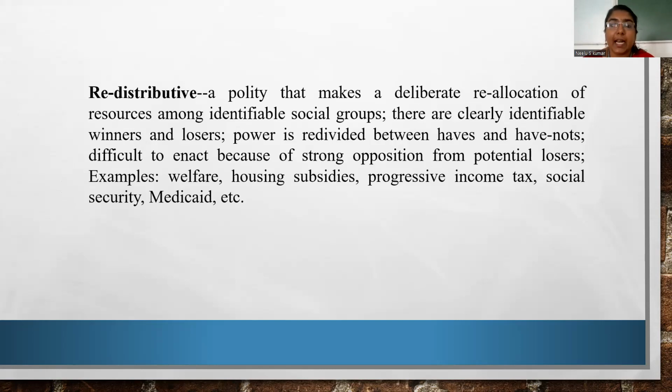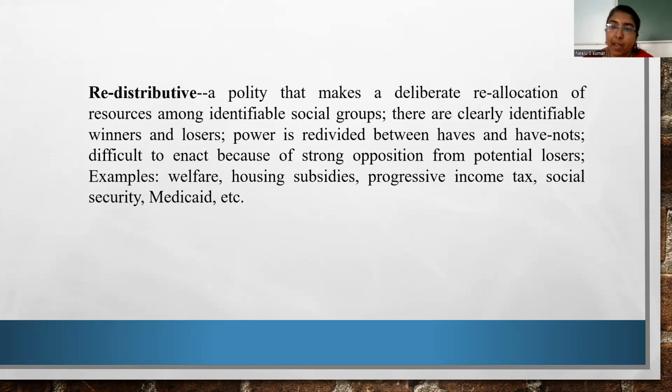There are clearly identifiable winners and losers. Power is redivided between haves and have-nots. It is difficult to enact because of strong opposition from potential losers. Examples are welfare, housing subsidies, progressive income tax, social security, medical aid, etc.